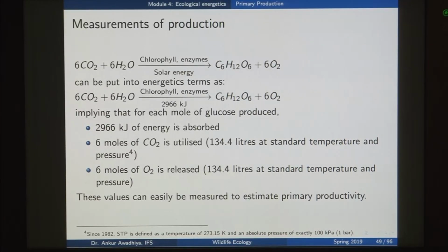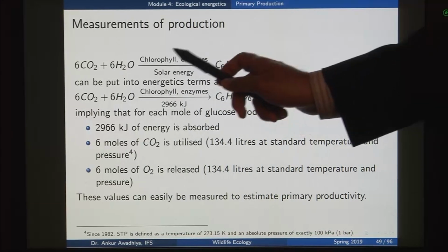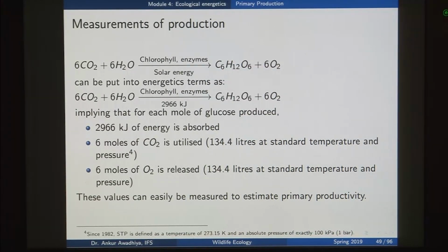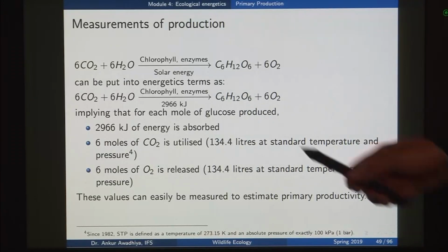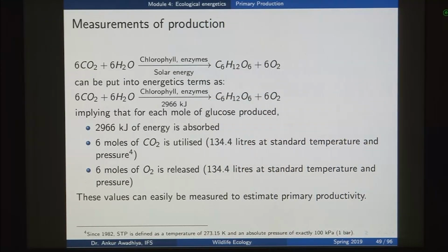In terms of energetics, we can ask this question: how much solar energy is required in this process? If we compute the amount of solar energy that is required, it comes to around 2966 kilojoules when you have 1 mole of glucose being produced.